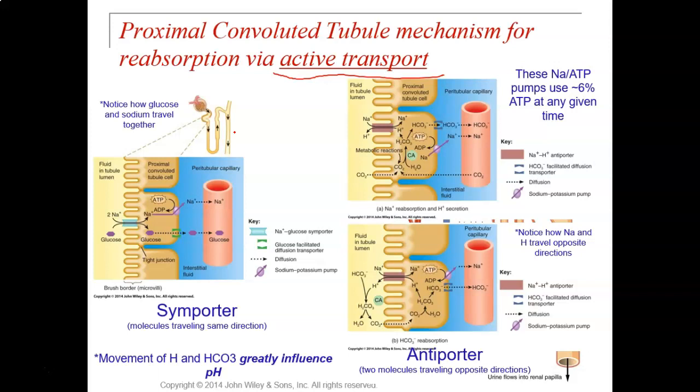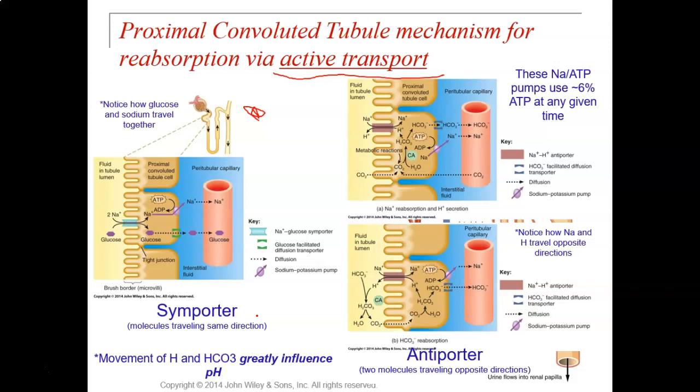Within that, there's a couple of things to look at right on this side. Something called a symporter. There are ways that we can reabsorb and secrete molecules, such as sodium, potassium, glucose, amino acids, etc. It's not like we can just say, oh, hey, that glucose is supposed to be in the body, all right, let's reabsorb that glucose.